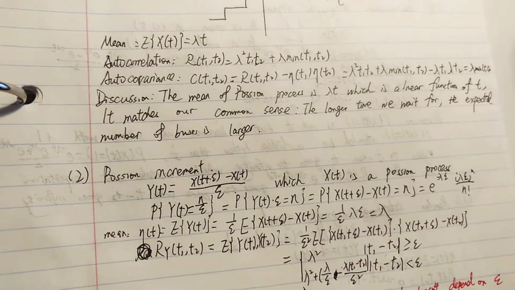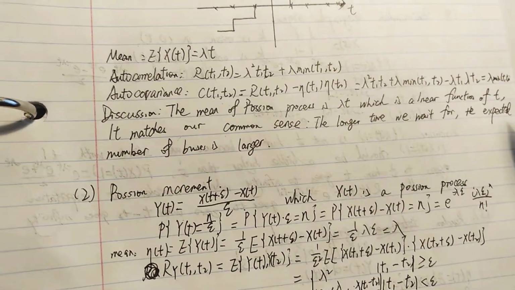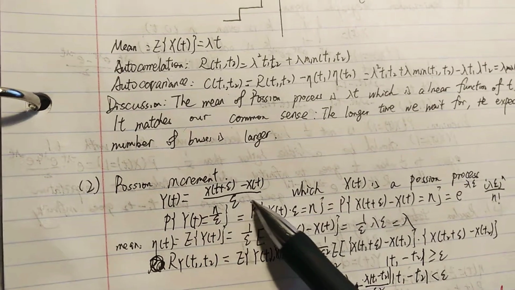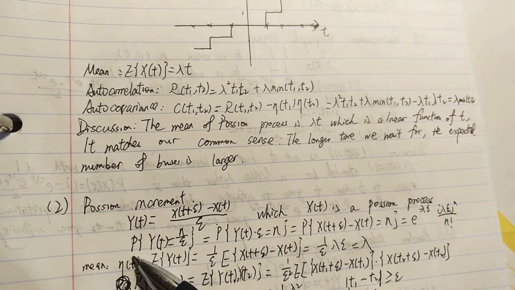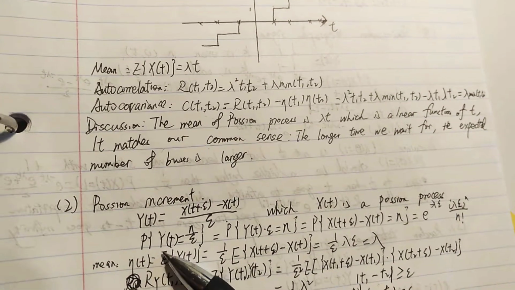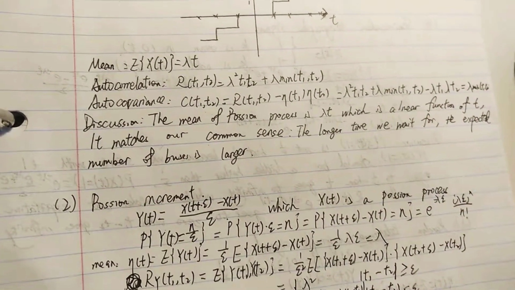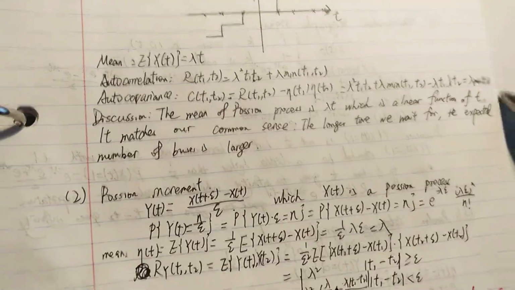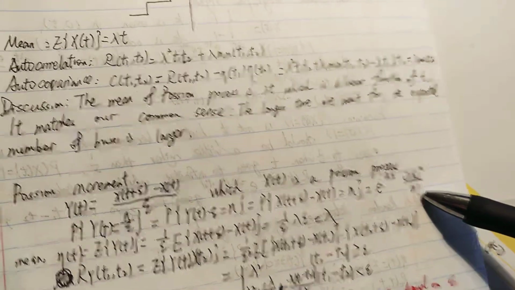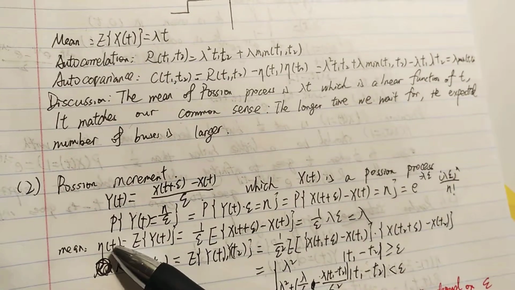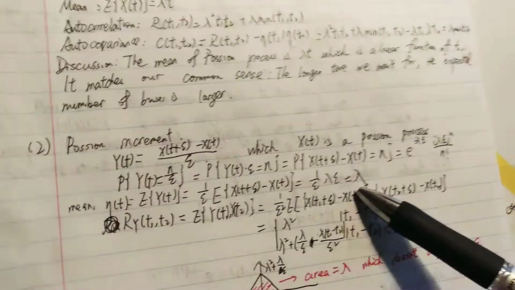And the second one is the Poisson increment. It is written in this form, where Xt is a Poisson process. And the probability of Yt equals n, divided by sigma, equals this equation, and its mean equals lambda.